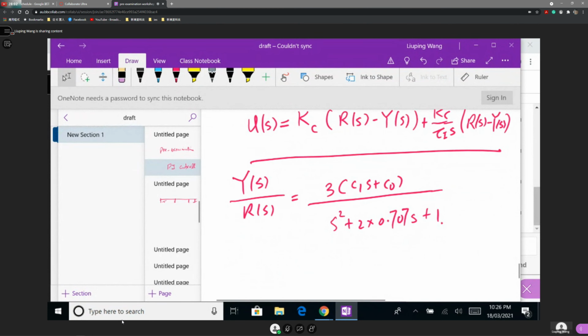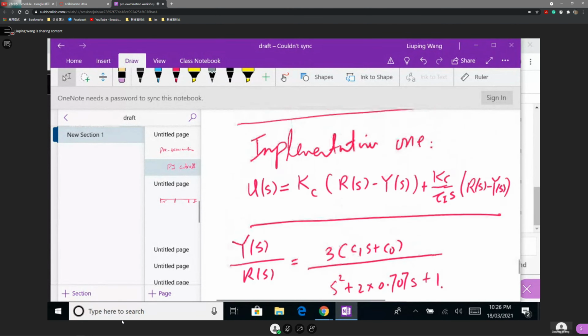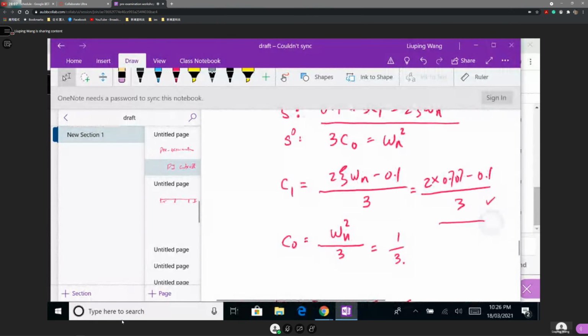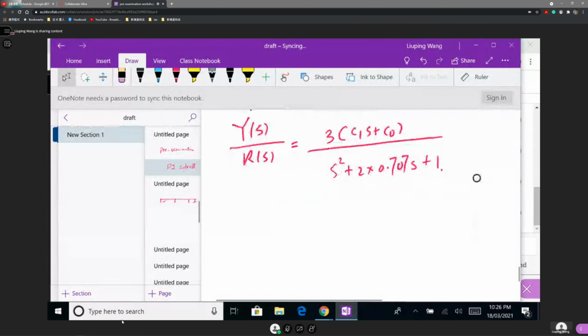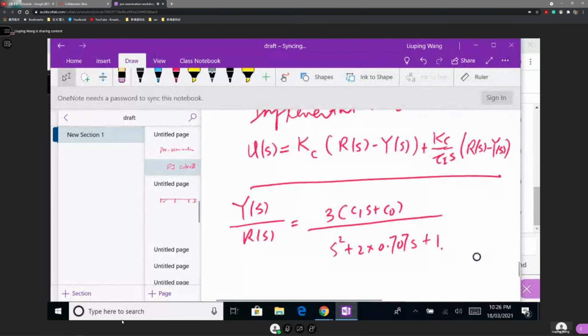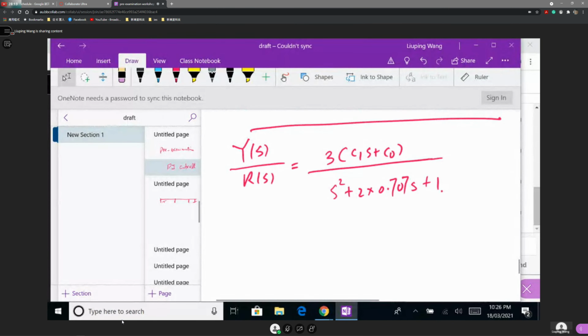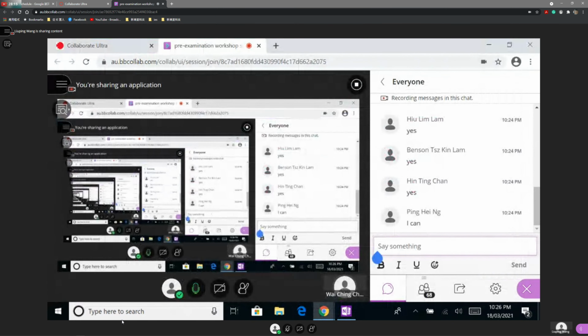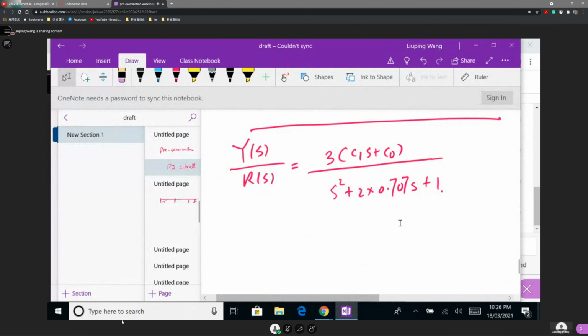So C1 equal to what? C1 equal to this. C1 is equal to 3.2 multiplied by 0.707 minus 0.1, right?